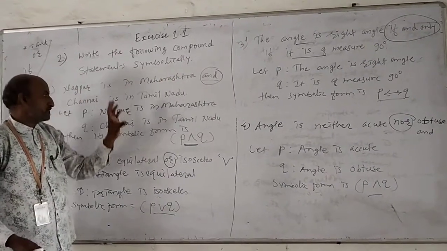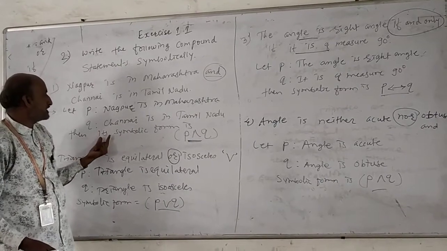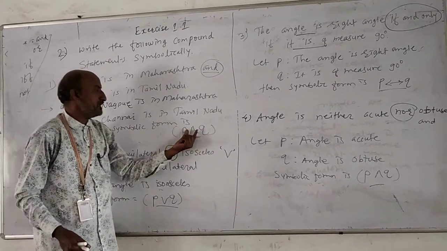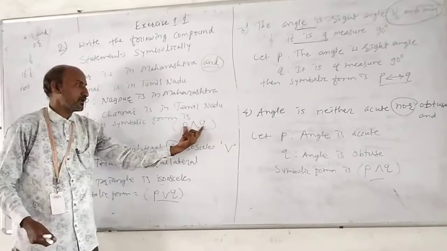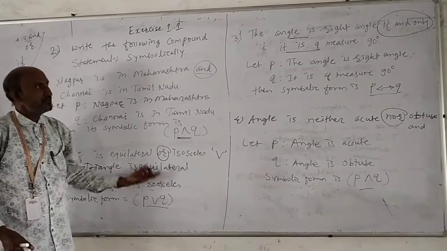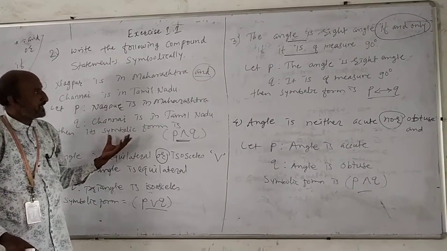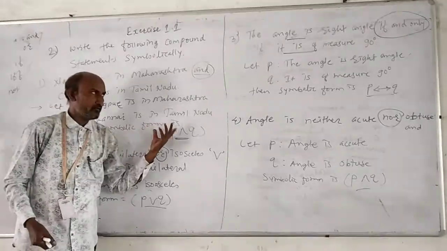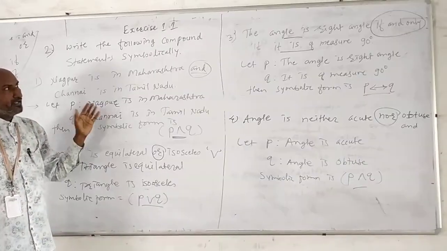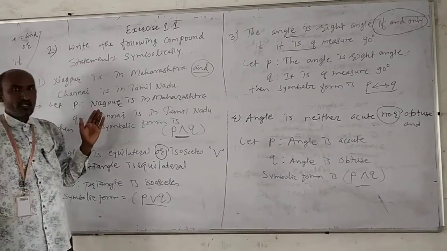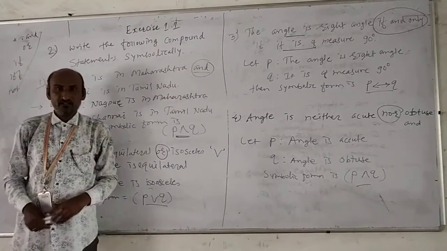You have to prove the answer using the symbolic form, then P and Q. This is the symbolic form. Getting it? Try to understand. Solve some examples also given in the textbook. Then take the next lecture after this particular concept.